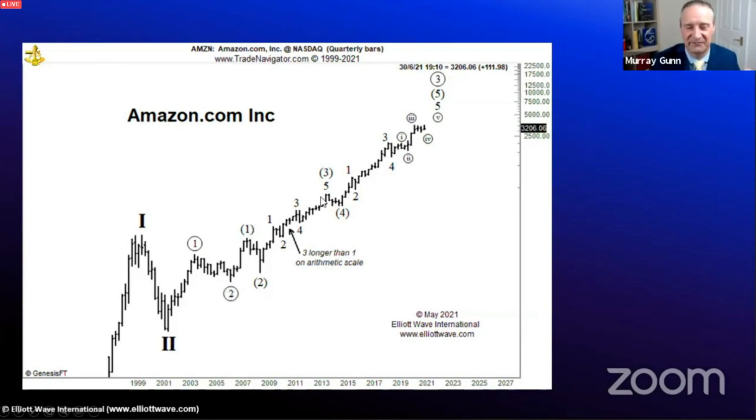But if we look specifically at the wave counts, we can see that Amazon.com is very probably reaching what we think might be a primary degree wave 3 top, which means that it's entering into probably the most significant pause in its uptrend that it's had for a long time, which would tie in with what we think for the general markets as well.